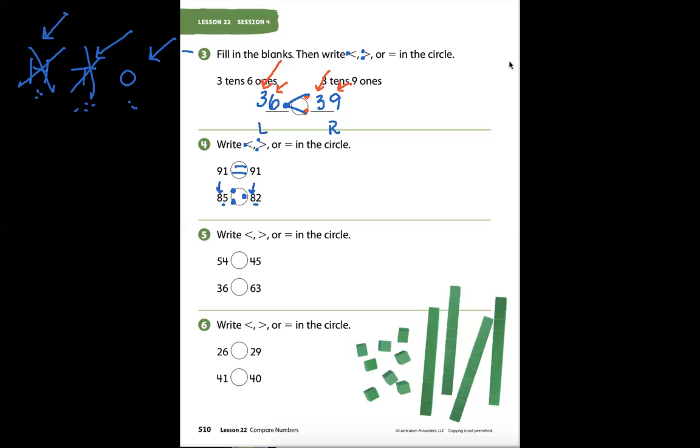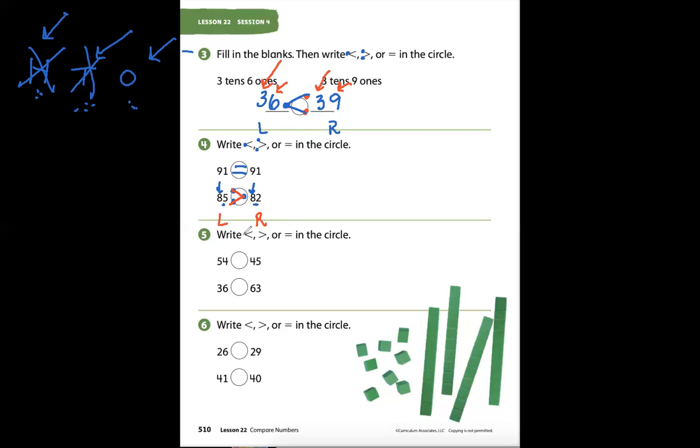And then to connect, I start on the side with 2, go to the side with 1, and back to the side with 2. And because I read left to right, I read this, 85 is greater than 82.